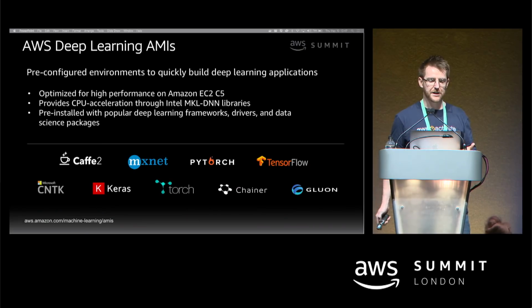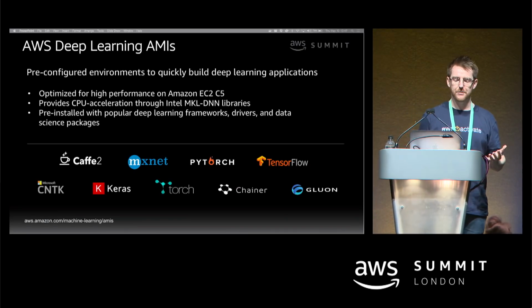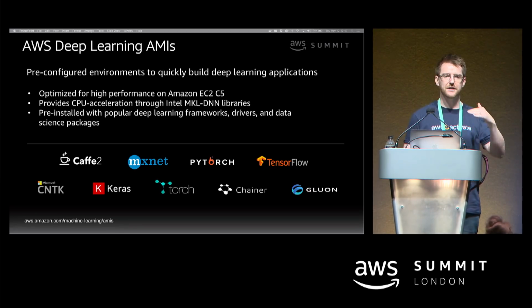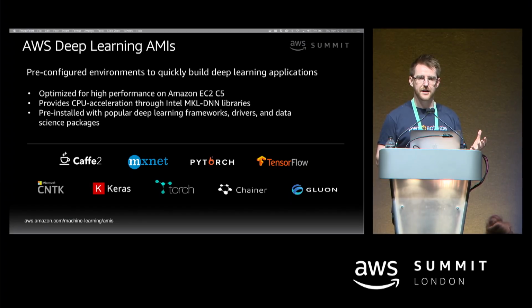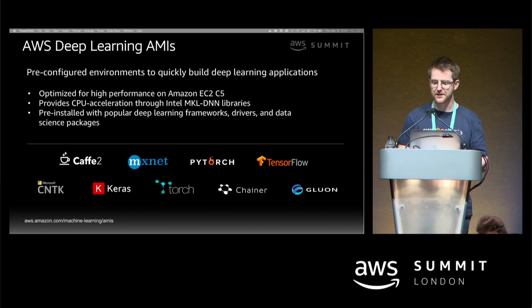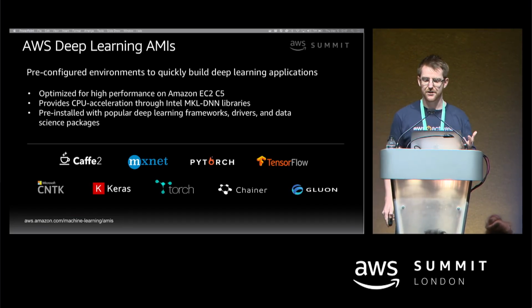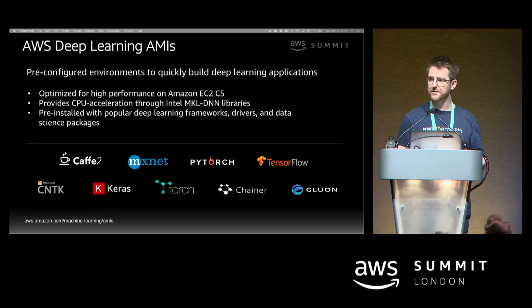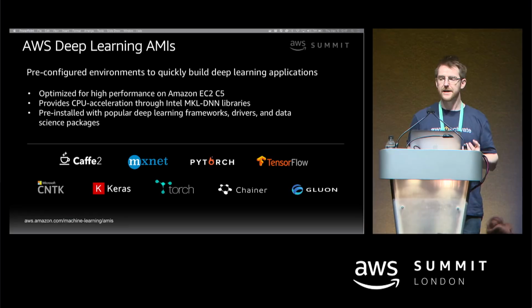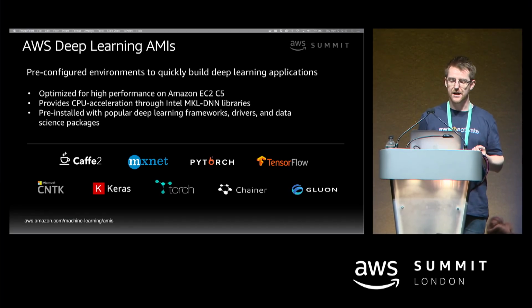And this Deep Learning AMI is a pre-configured environment that allows you to quickly build deep learning applications. So this is really at the bottom custom layer. You take the Deep Learning AMI. It's already got a bunch of open source frameworks built in, so things like MXNet, Caffe2, TensorFlow, PyTorch, Keras, Gluon, and so on. And you've also got a number of the drivers that you need to really take advantage of the AWS instances. So things like the Intel MKL libraries for deep learning, or the CUDA libraries as well.